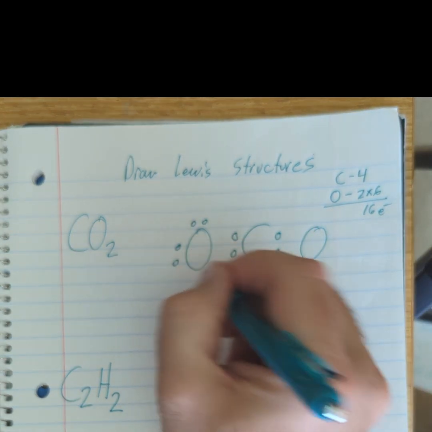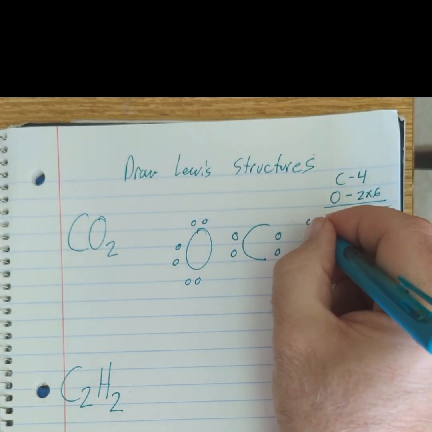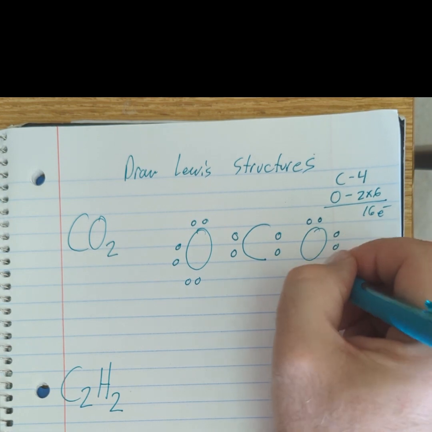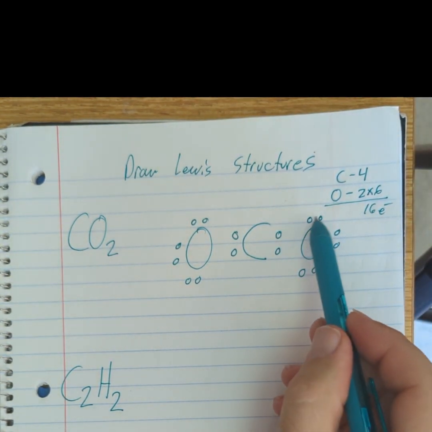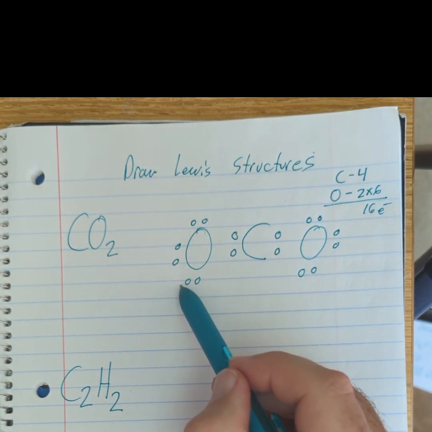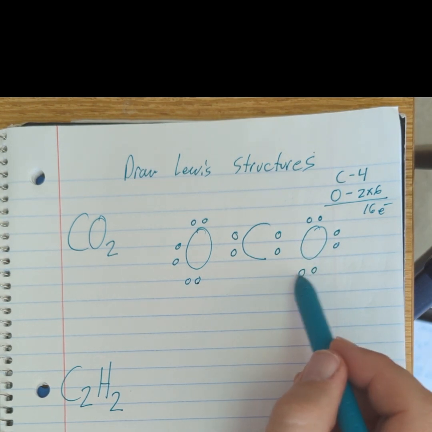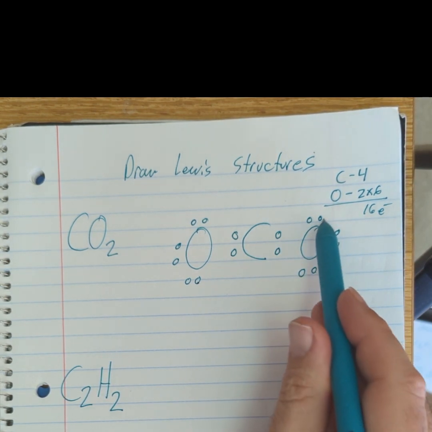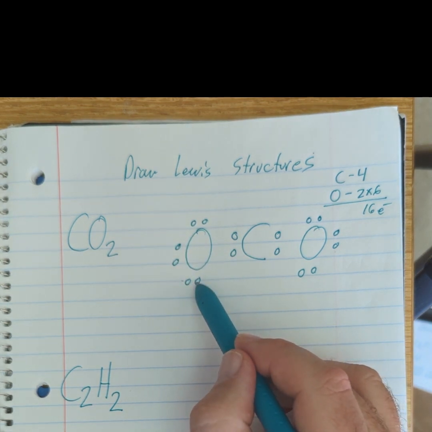Now, if we do this the way we've been doing them, which most of the time works, we end up putting out all of our valence electrons, but we see that the oxygens have an octet, but the carbon does not have an octet. Okay? So we have to fix something. Carbon's not going to let the oxygens have an octet when it doesn't have an octet.